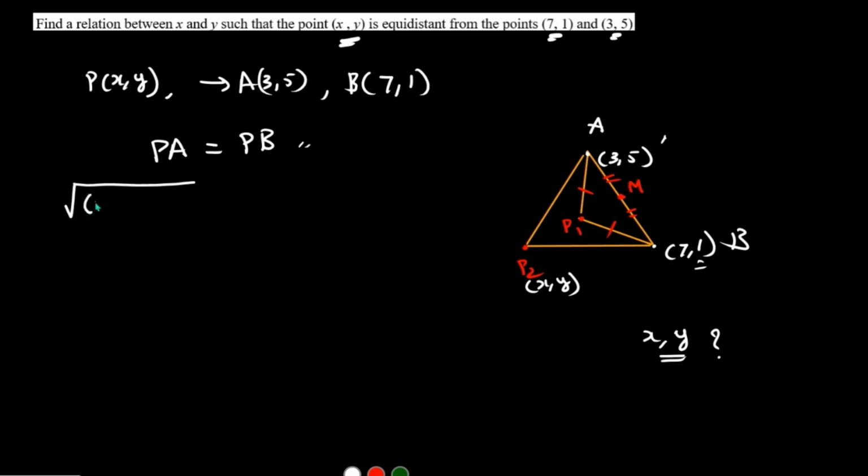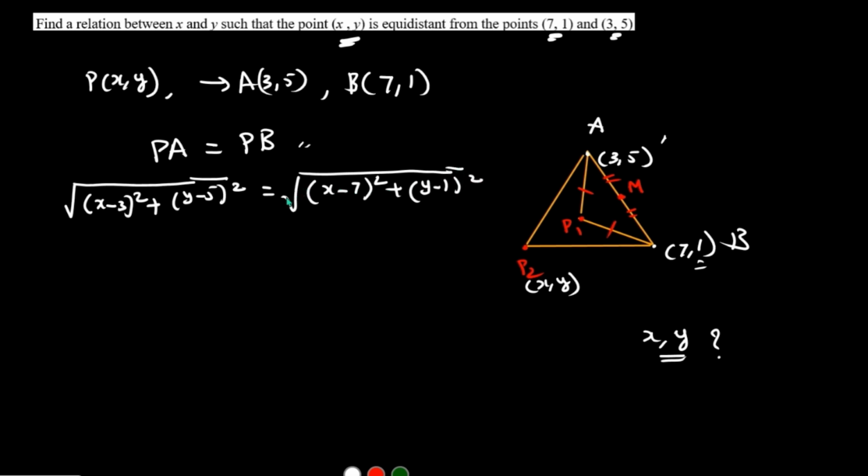So I am writing here the square root of x minus 3 whole square plus y minus 5 whole square, which is equal to the square root of x minus 7 whole square plus y minus 1 whole square.